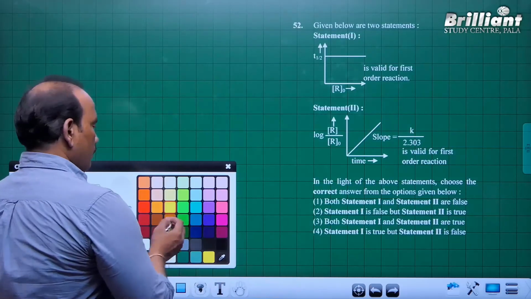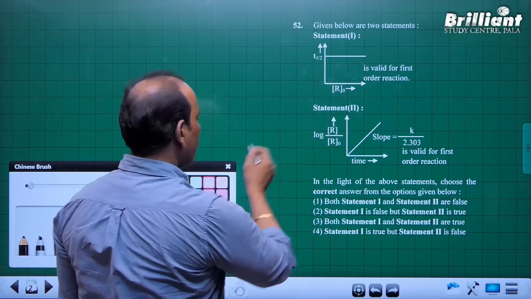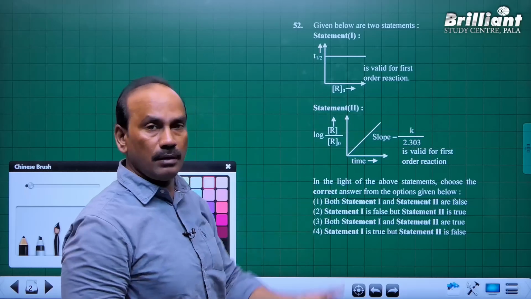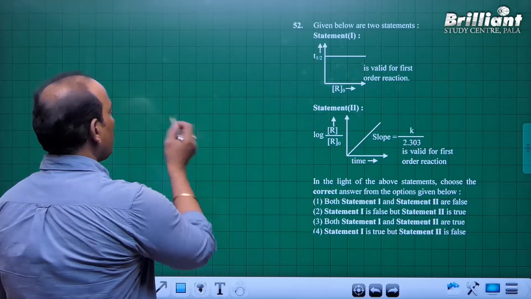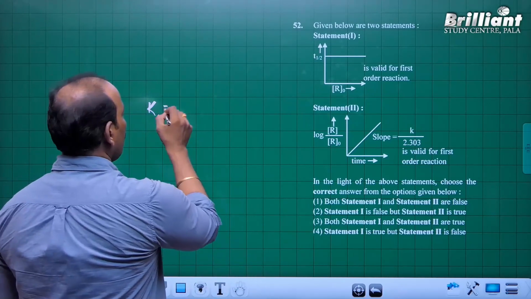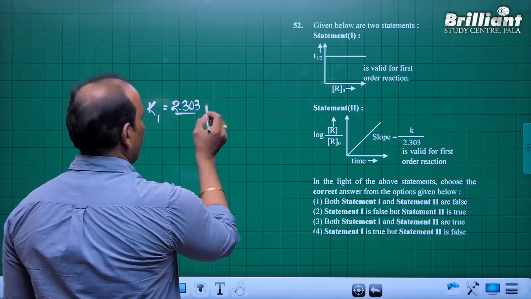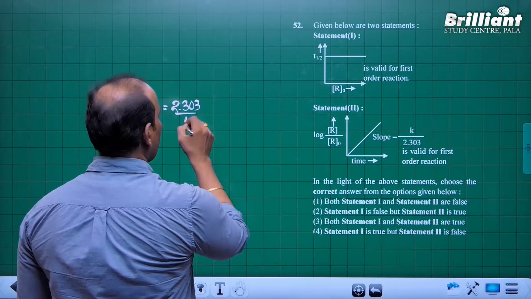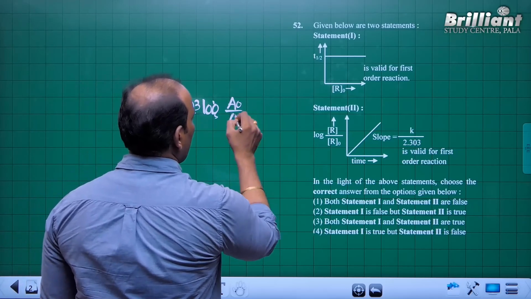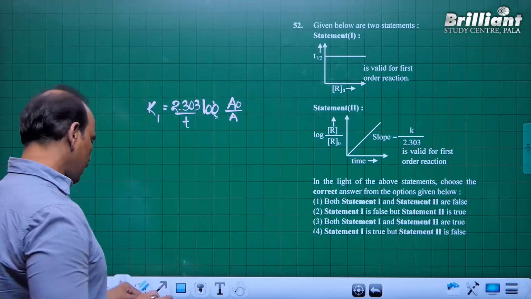Okay. What is given? Here T half and initial concentration. According to the first order reaction, K1 equal to 2.303 by T log A0 by A, that is initial concentration after T time.